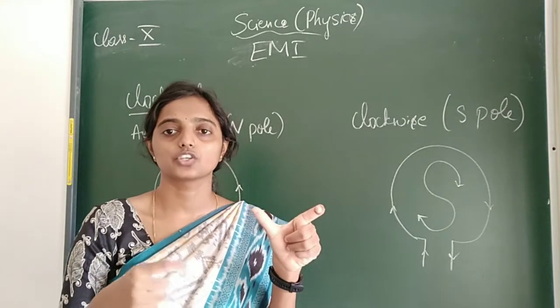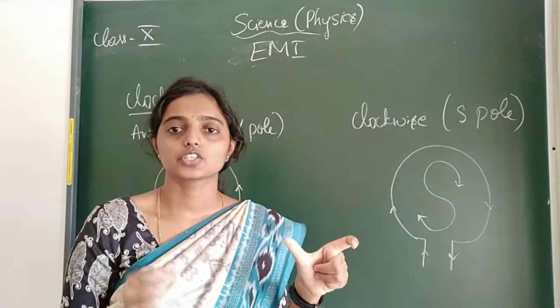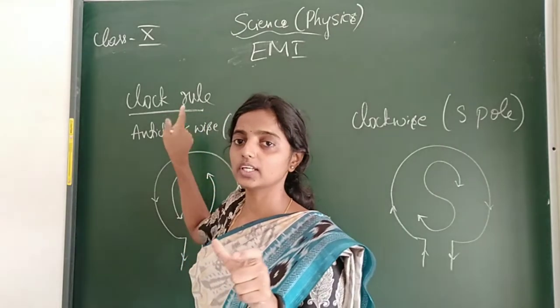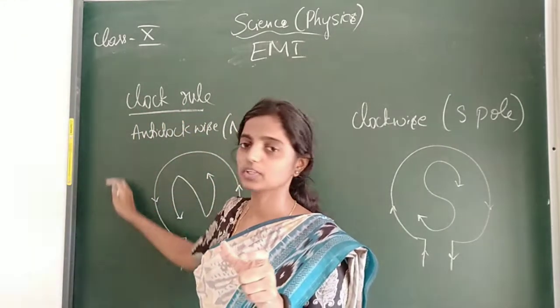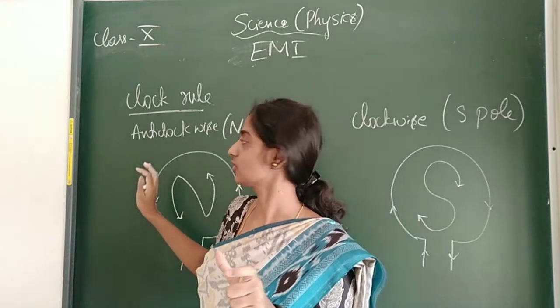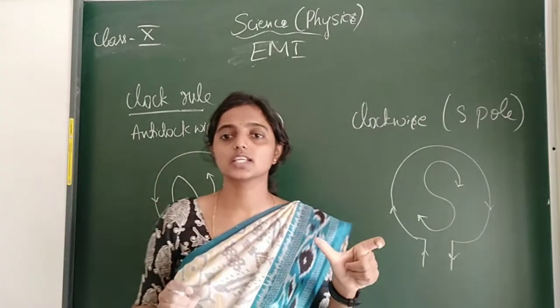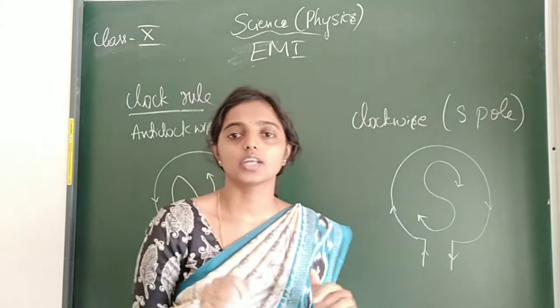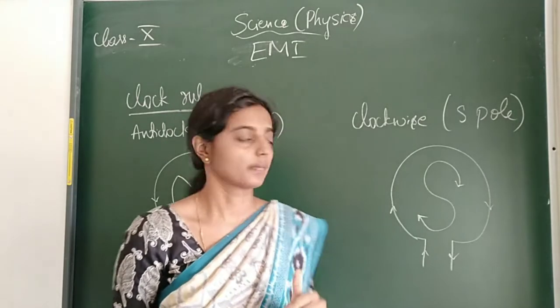Then we need to know the direction of current. To know the direction of current, this clock rule will be very important. This is out of syllabus. This is a tricky concept, and you can easily answer MCQ or 1 mark type questions with it. So let us see what the clock rule is.